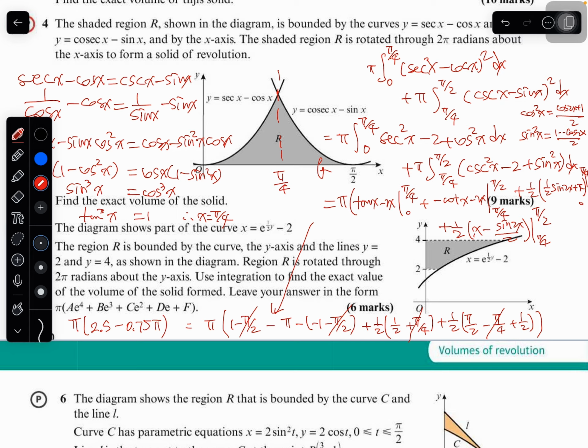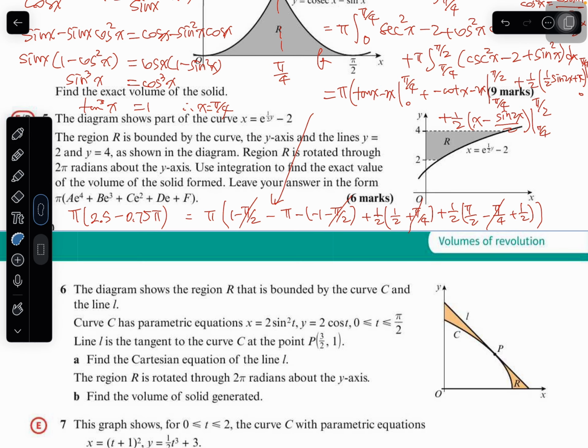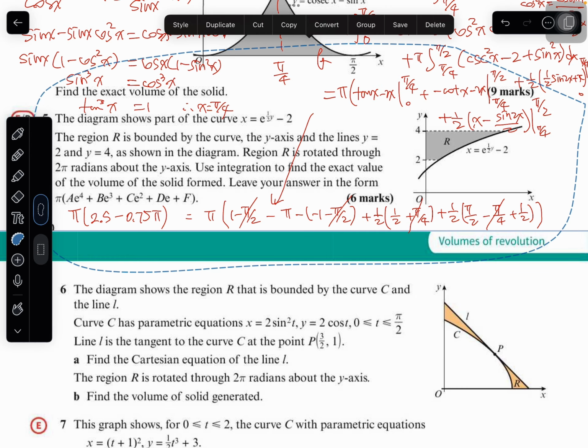So the answer is 2.5 pi minus 0.75 pi squared. You can check the answer. I don't know.